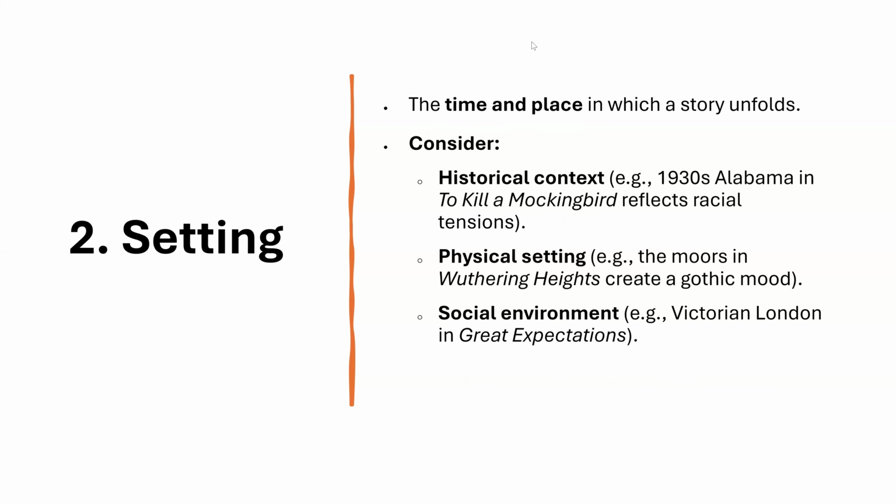And we also have setting as one of the core elements, and that's the time and the space in which a story unfolds. So you need to consider the historical context, the physical context, and the social environment.